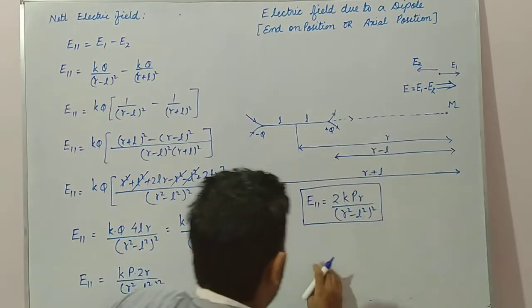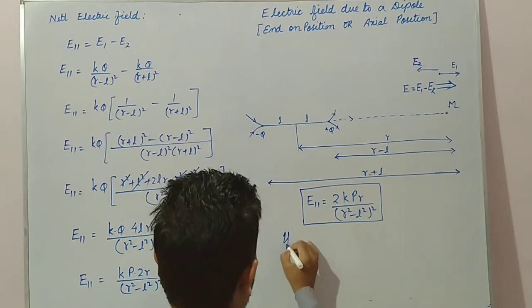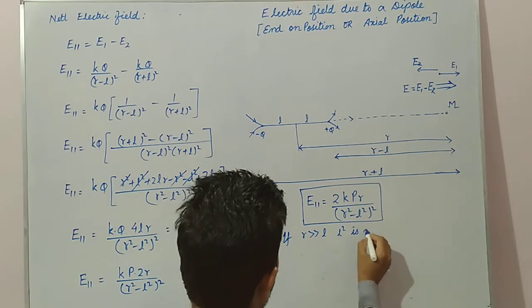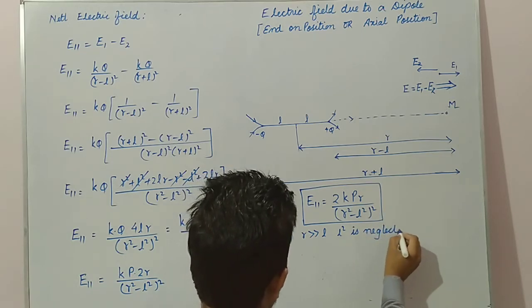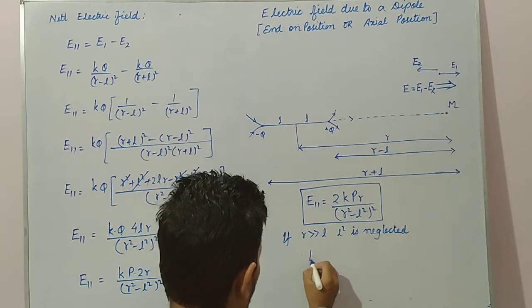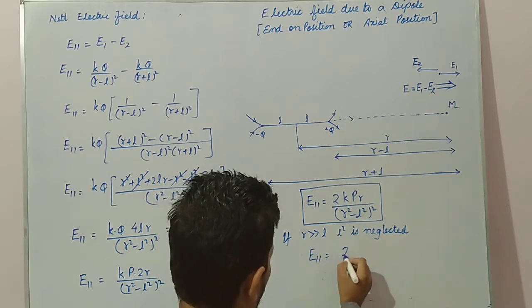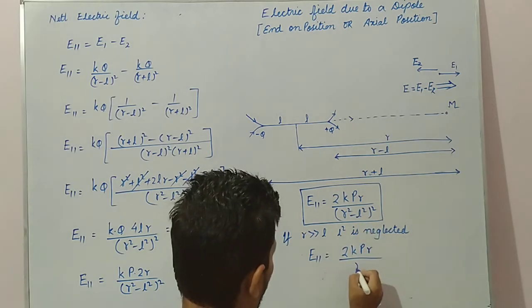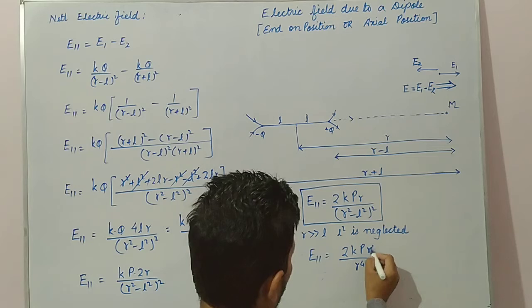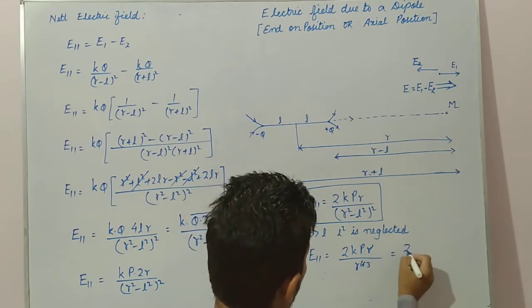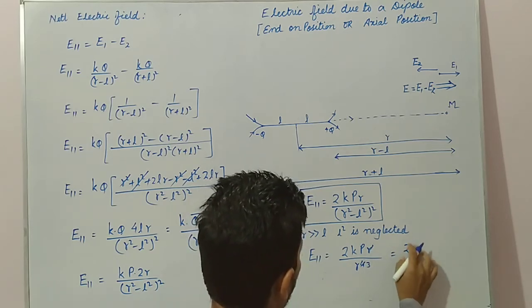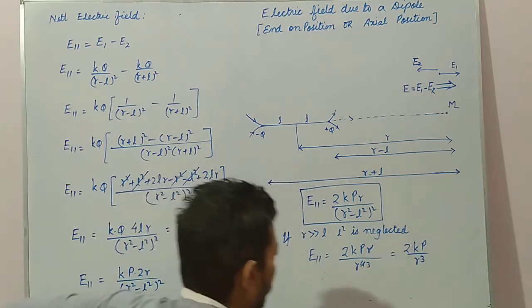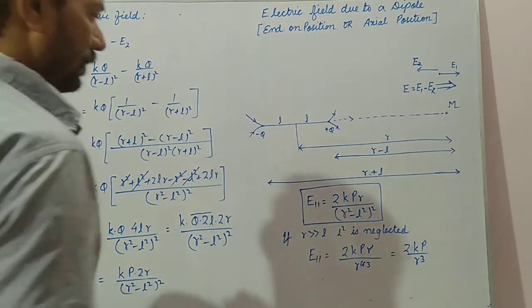After that we can write, if r is much greater than l, l square is neglected. Therefore we can write 2kpr, l square neglected, this will become r to the power 4. So this will cancel out three, so it will be 2kp by r cube.